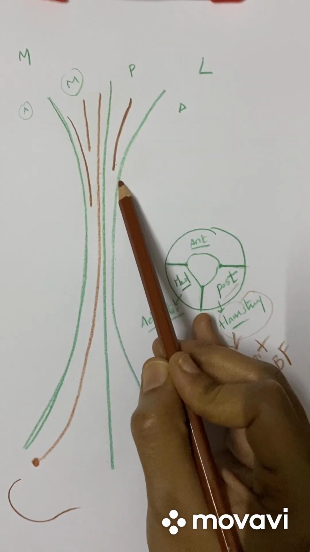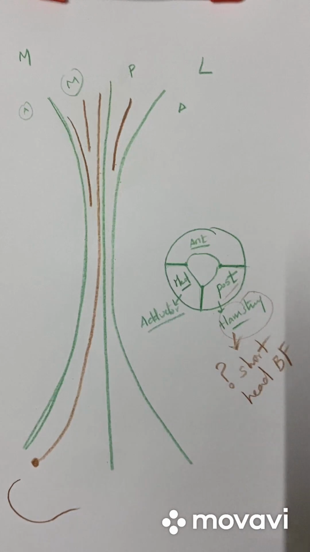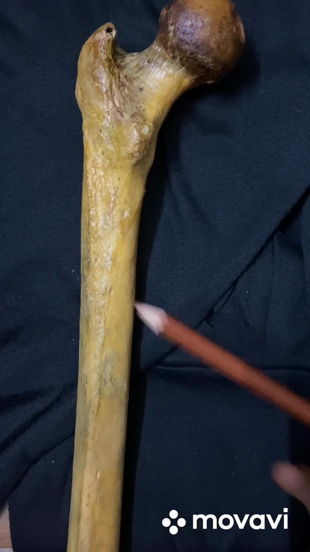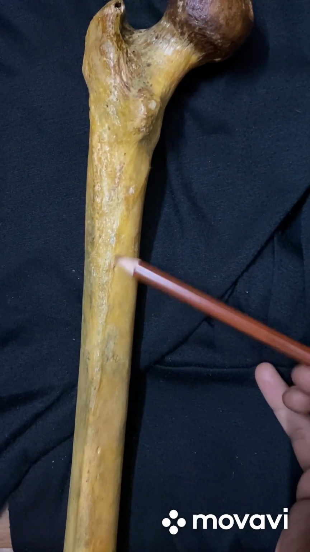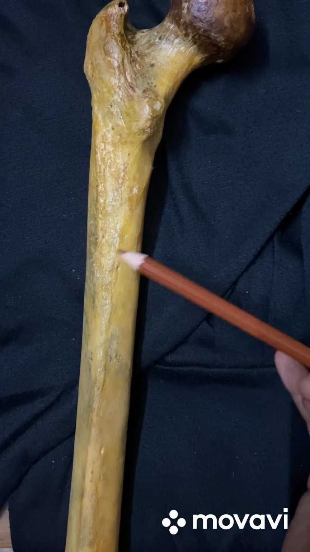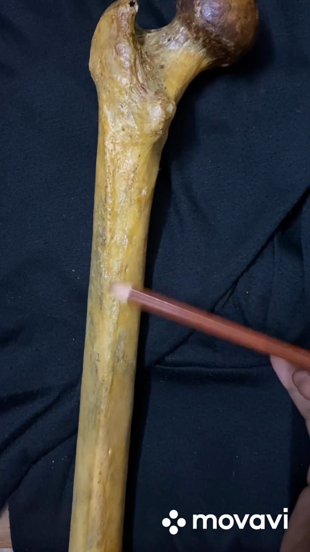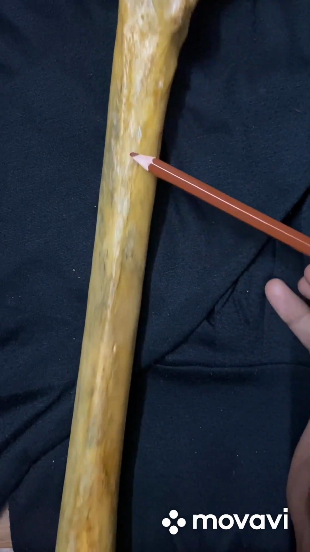Again we can see these structures in bone from medial to lateral. Medial lip, that is vastus medialis, takes attachment. Then adductor longus, adductor brevis, adductor magnus. It descends down till the adductor tubercle just above the medial condyle of femur.